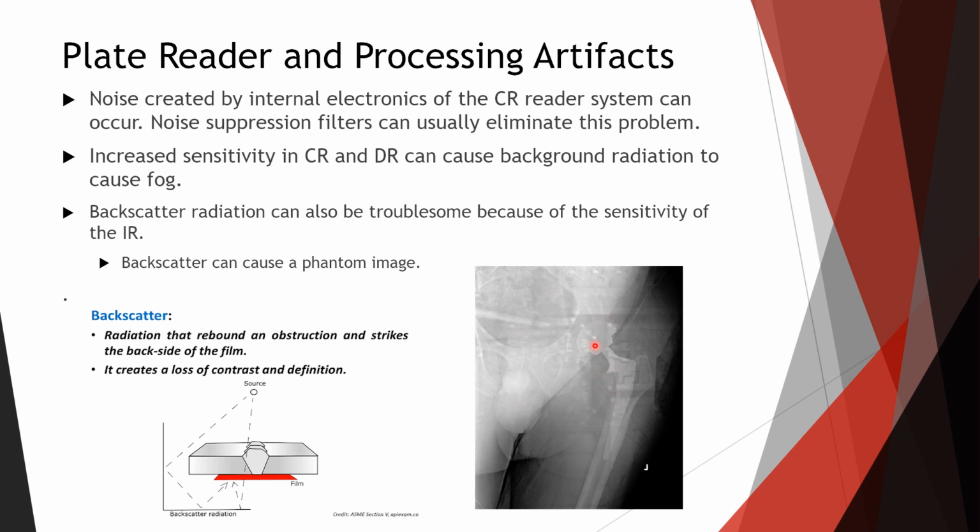And you can see some of the electronic components inside the IR plate getting picked up here from backscatter coming back at it. If you ever accidentally take an image with the IR reversed, you'll be able to see the image, but you'll also be able to see all the electronics on the backside of it, okay? With most manufacturers, as far as I have known and seen.